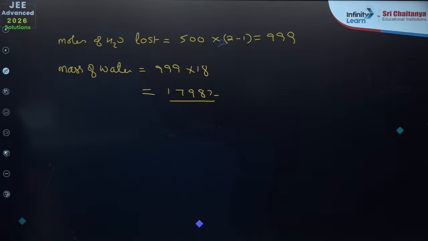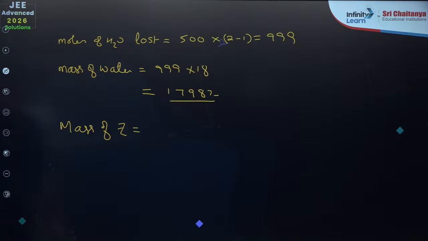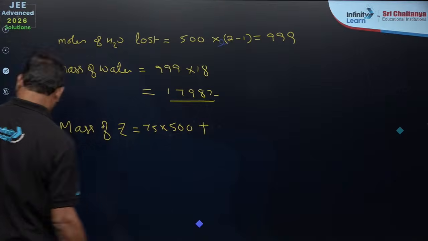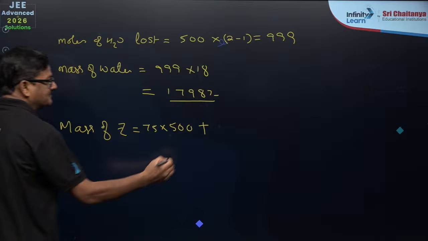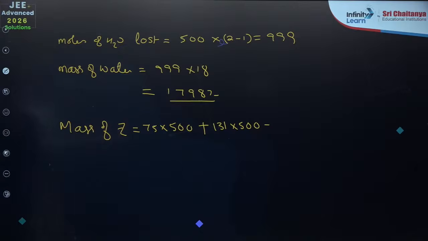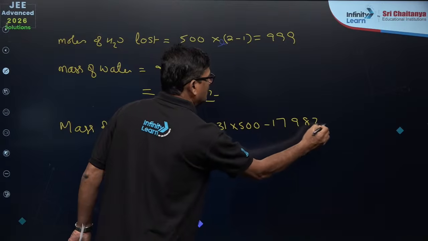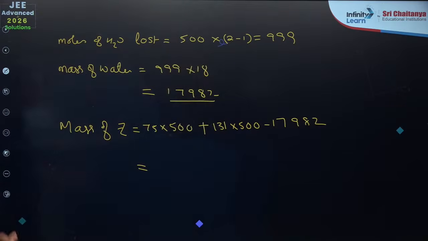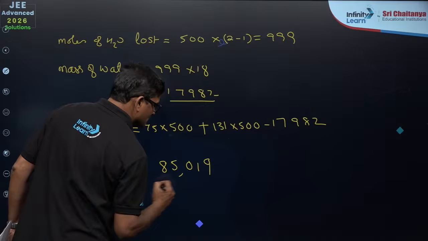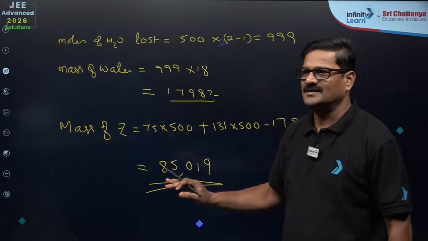Mass of the Z polymer is going to be 75 into 500 plus 131 into 500, the molecular masses, minus the water lost, 999 into 18, that is 17,982. On solving this, you will get 85,019. So this is your answer for this question. It's a numerical type, so you can write it meticulously.